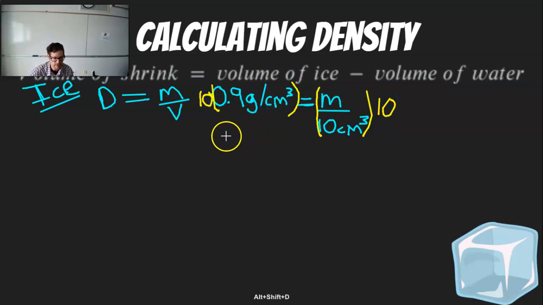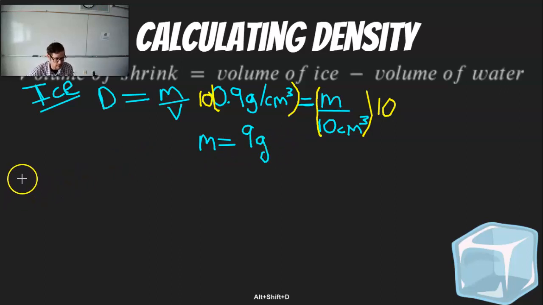And so that should give us, feel like you're watching Khan Academy yet? So that should give us mass equals 10 times 0.9, which is 9 grams, right? We have 9 grams of ice.